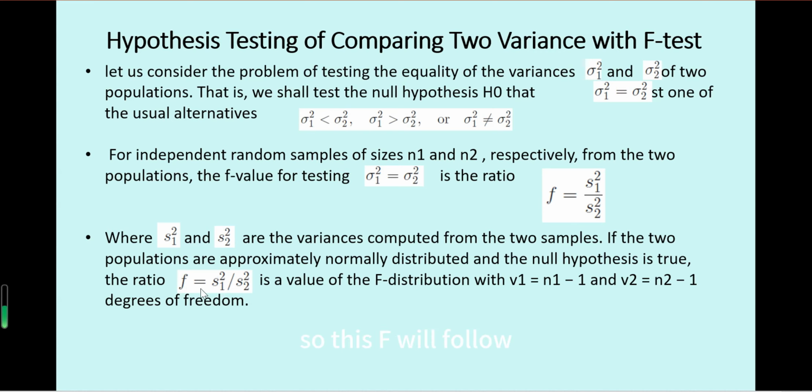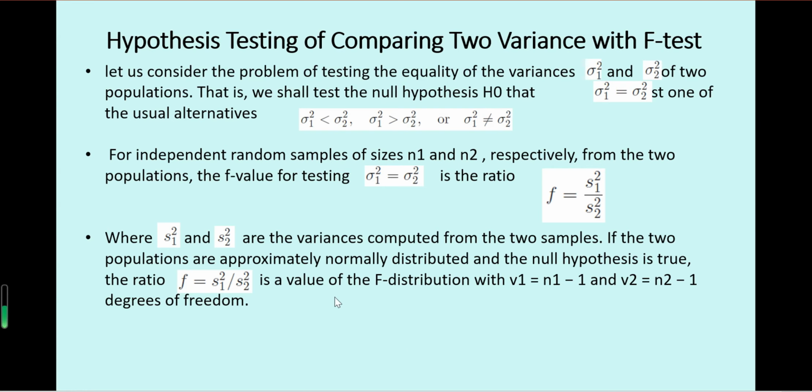So this F will follow an F-distribution with n1 minus 1 and n2 minus 1 degrees of freedom if the null hypothesis holds, that these two sigma squares are equal. Under this null hypothesis, if these two are the same, then the sample statistic F will follow an F-distribution with n1 minus 1 and n2 minus 1 degrees of freedom.